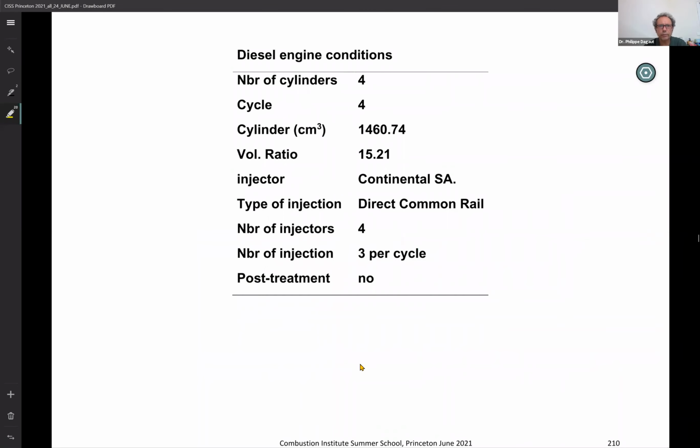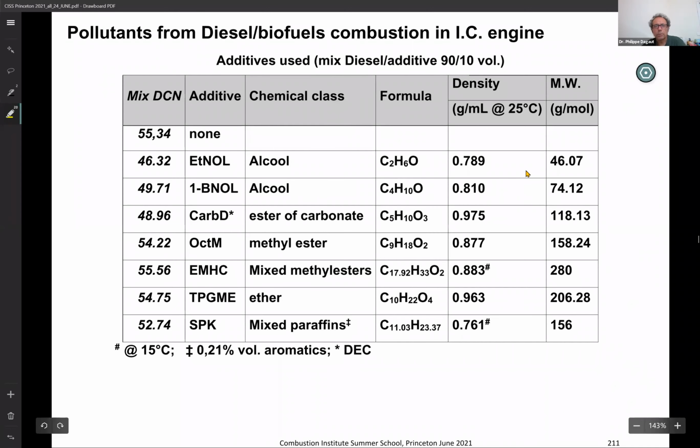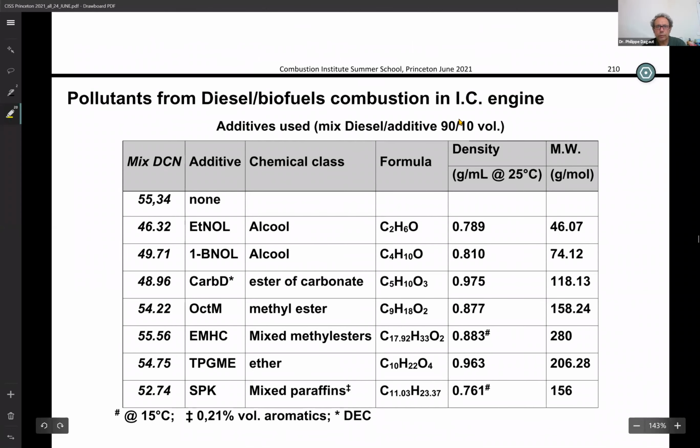So these are the conditions. It was a diesel engine with 4 cylinders, typical common rail injectors, 4 injectors, and 3 injections per cycle. No post-treatment. So we introduce 10% of additive to a conventional diesel fuel.